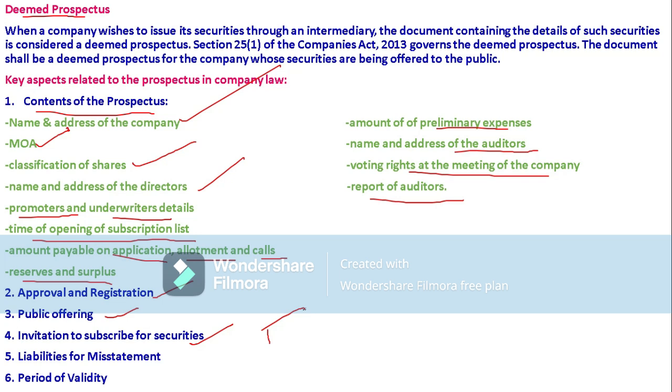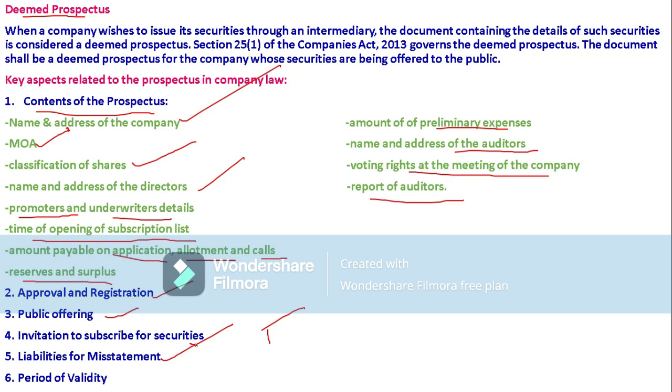So this is known as invitation to subscribers, to subscribe for securities. And liabilities for misstatement. Misstatement means that the information provided in the prospectus must be accurate and not misleading.